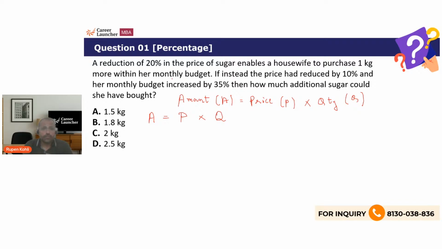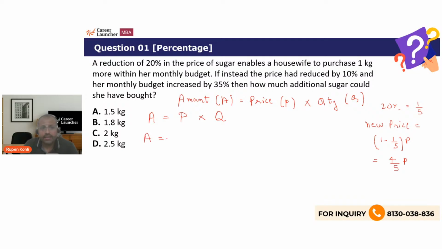Now, what happens to the price? The price decreases by 20%. 20% is 1 by 5, so it's a decrease of 1/5. The new price is 1/5 less than the original, so it is 1 minus 1/5 of the original price, or simply 4/5 of the original price. This amount is not changing; it is still what it is.